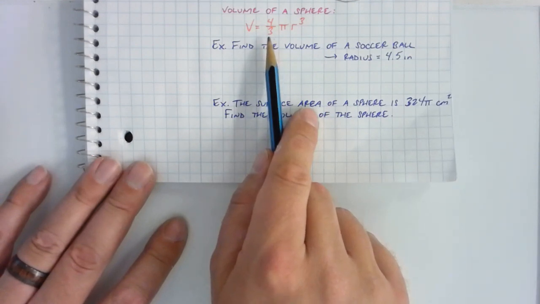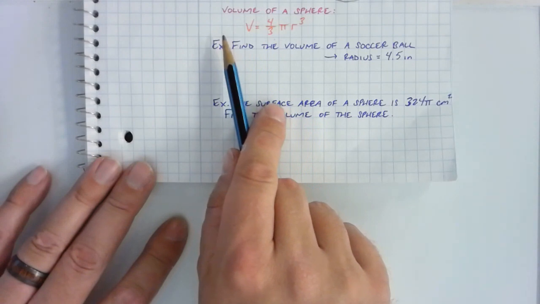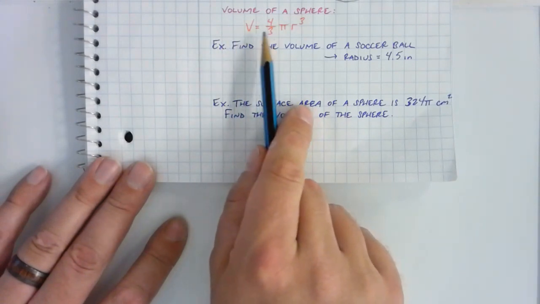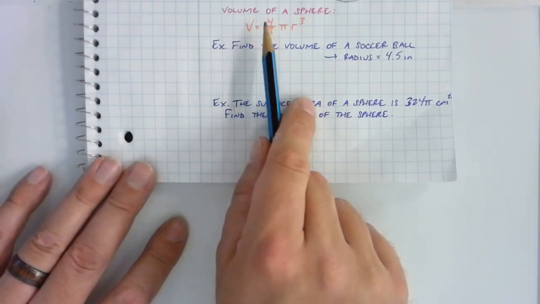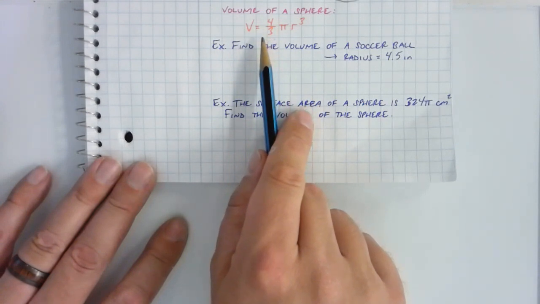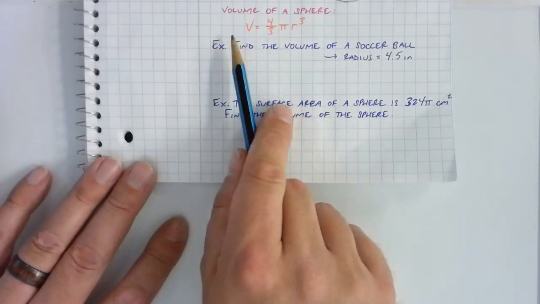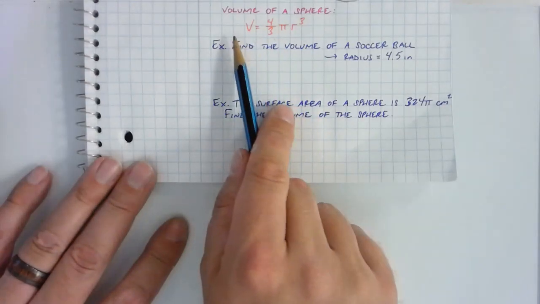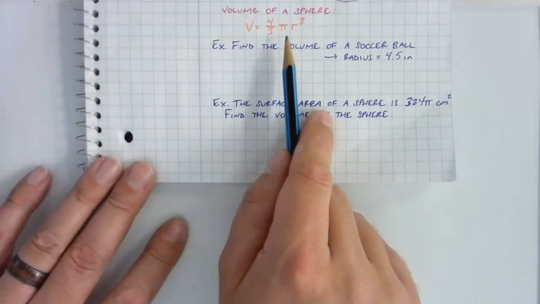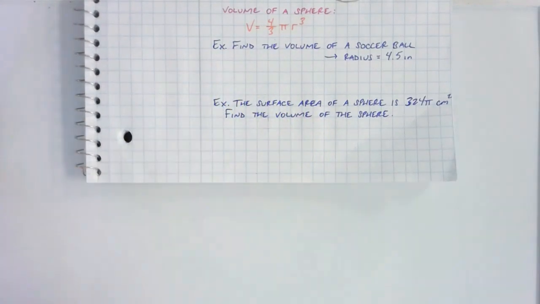So if I wanted to move the 4/3 to the other side, say if I had to solve for radius, I'd be multiplying both sides by 3/4. So if I had to solve for radius here, I'd multiply the volume by 3/4 to start with, and then it would be dividing by pi and then taking the cube root in that case. I don't think you'll run across a problem like that in your assignment, but if you do, I can answer those questions later.